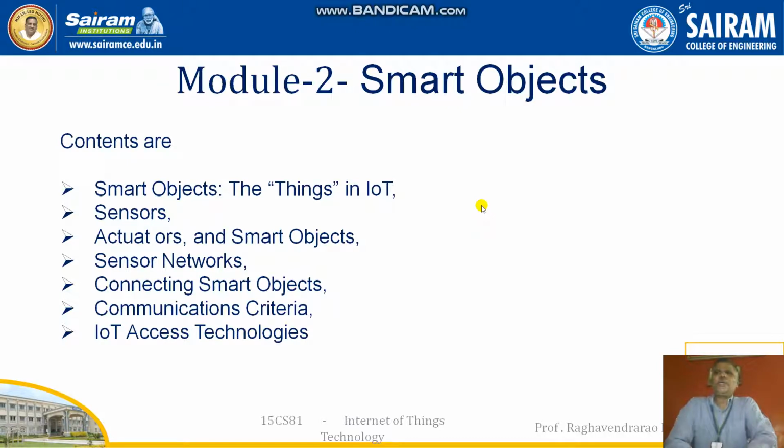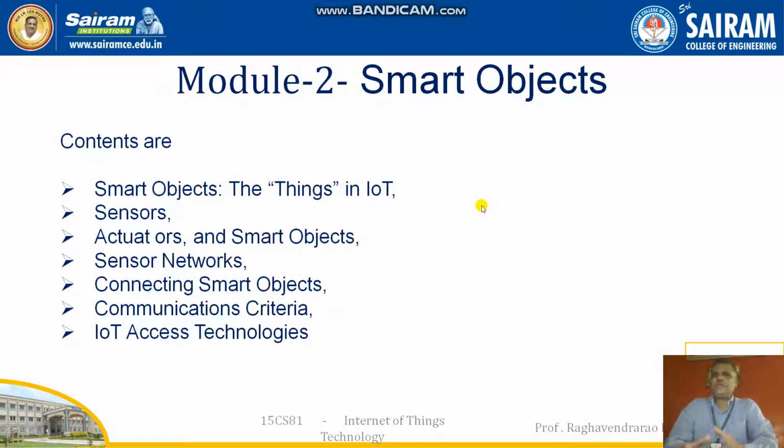It goes: the things in the IoT, that is objects, sensor objects, and smart objects. Then we have the sensors. Next are actuators and smart objects. Again, there are some sensor networks. Next is connecting smart objects.